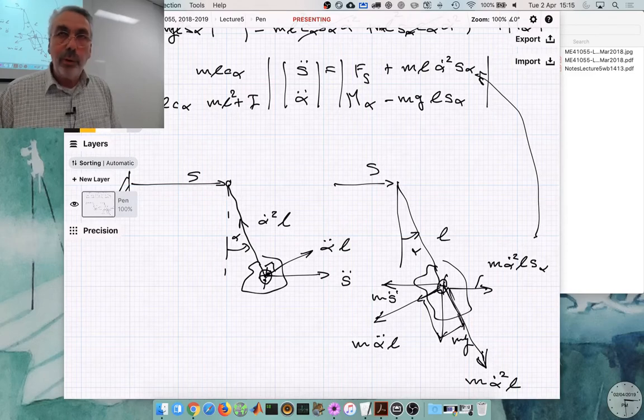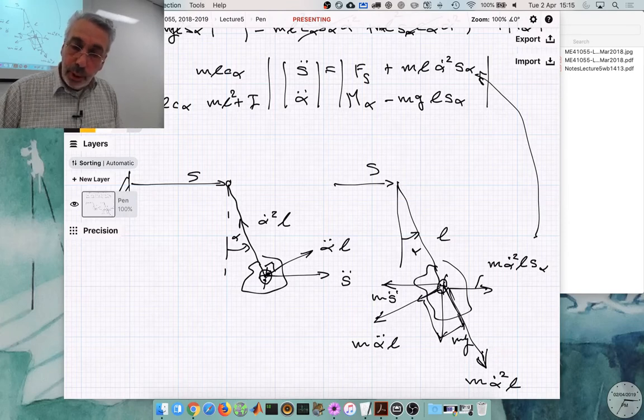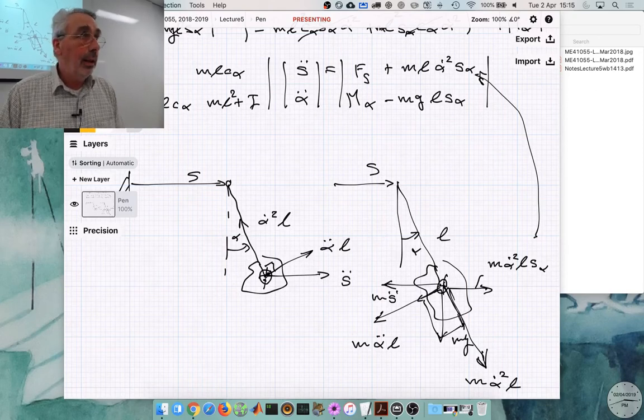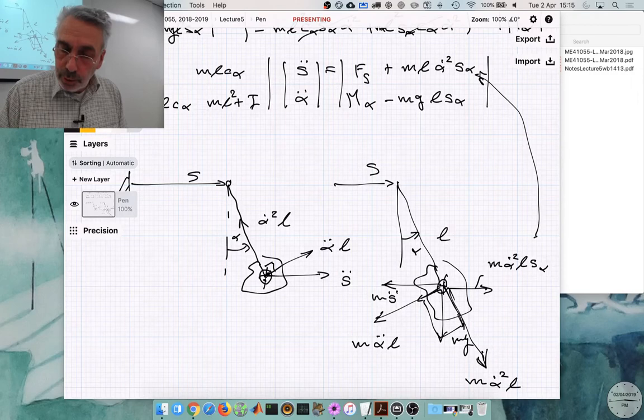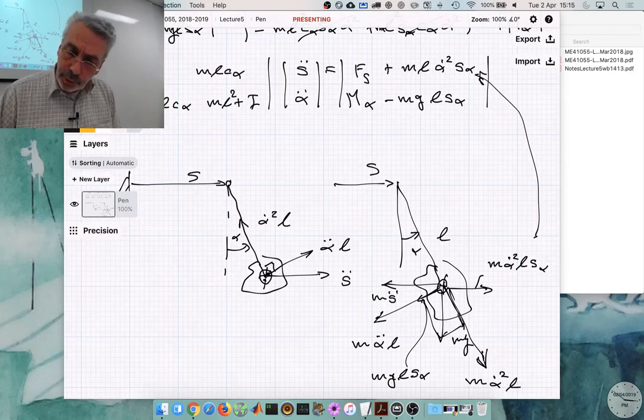This one is in the length of L, so for this motion it doesn't work, but only this part. And that's exactly this mgl sine alpha. And you see, if this is plus alpha, then that's in the opposite direction. So this is clearly this mgl sine alpha. So we have explained this term.